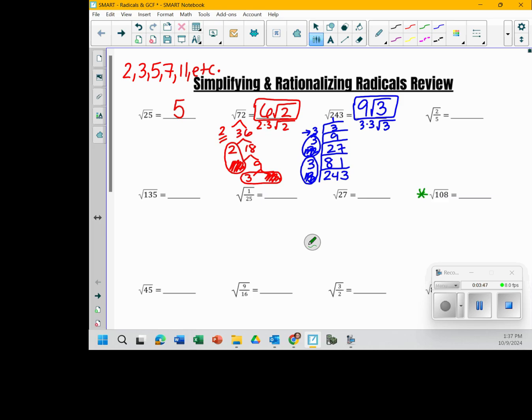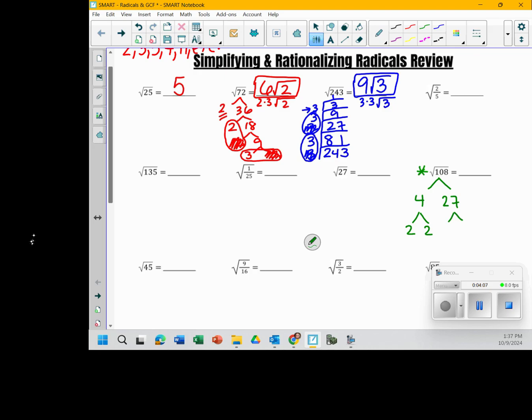So maybe you look at that and you think, okay, does 4 go into 108? So maybe you say, okay, 108 is 4 times 27. Okay, 4 breaks down to 2 times 2. 27 breaks down to 3 times 9. 9 breaks down to 3 times 3.